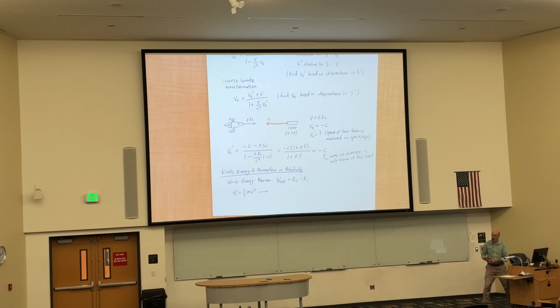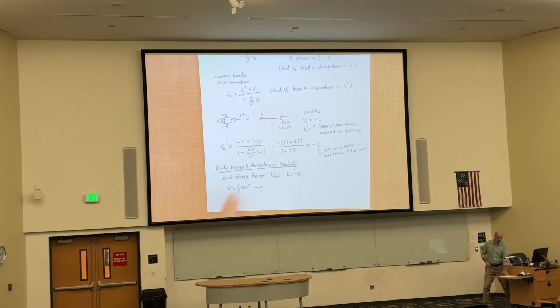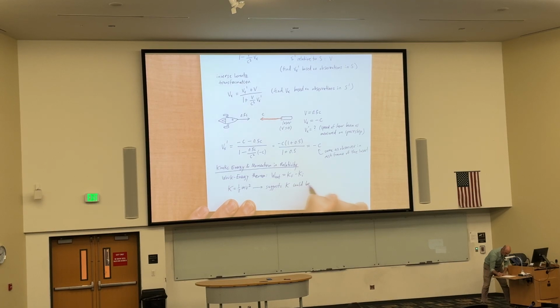However, if I can just keep increasing v, then that suggests that K could be infinite. If v can be infinitely large, then I have an infinite kinetic energy. There is not infinite energy in the universe. I know, we're getting into philosophical territory, but you cannot have infinite kinetic energy.